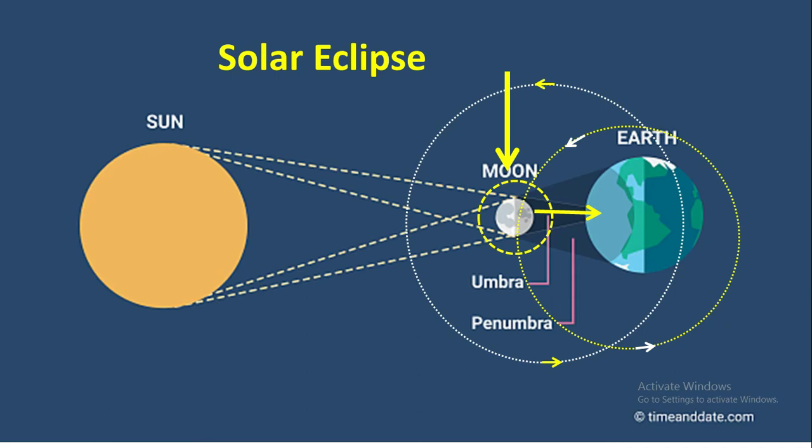Here the important thing to note is that solar eclipse occurs when the moon comes between the earth and sun, and it blocks the sun rays or sunlight from reaching the earth. So the areas of earth may observe a complete or partial darkness. So this is called the solar eclipse.